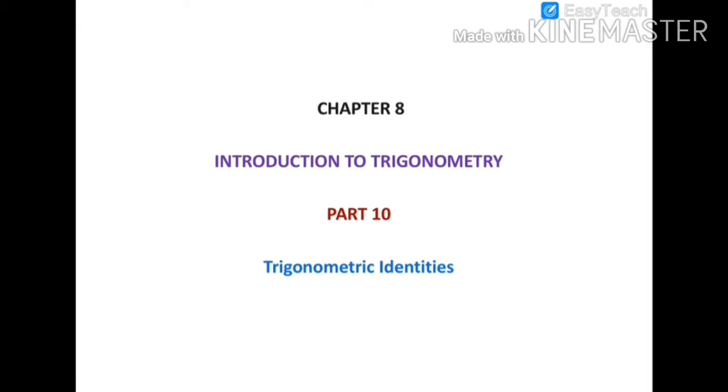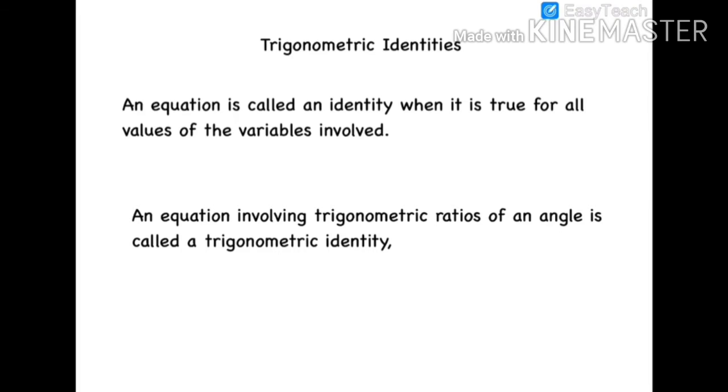So in today's video lesson, we will start with the fourth section of this chapter and learn about trigonometric identities. We have learned about algebraic identities in our lower classes. For example, (a + b) whole square is equal to a square plus 2ab plus b square. This is nothing but an equation.